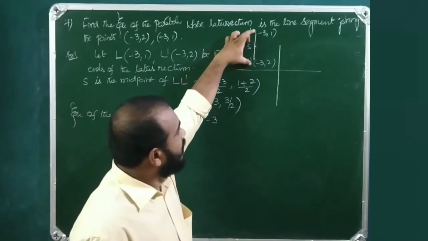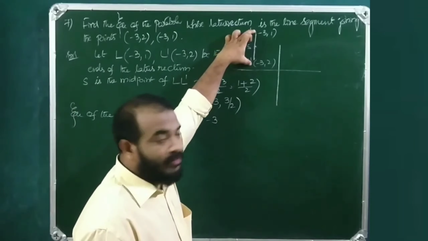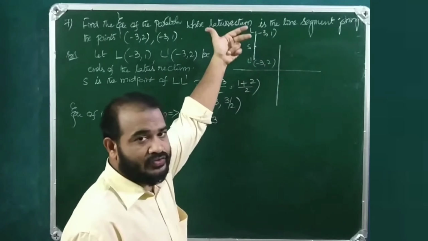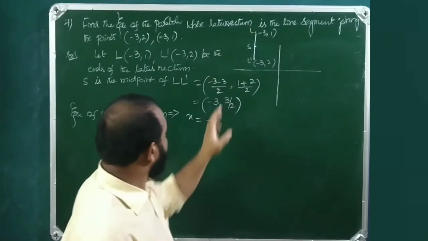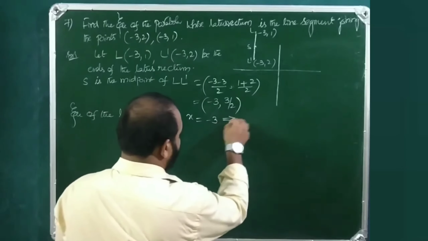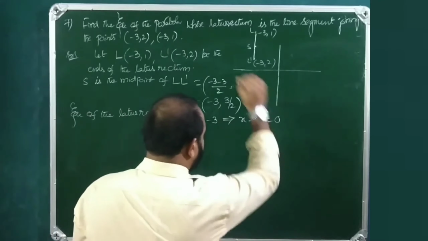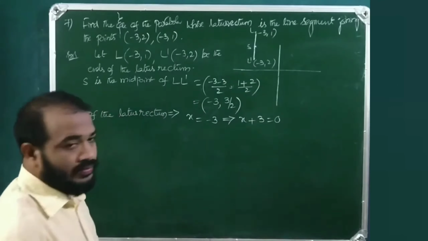A line parallel to the y-axis is of the form x equals something. So this is the line x equals minus 3, otherwise x plus 3 equals 0.